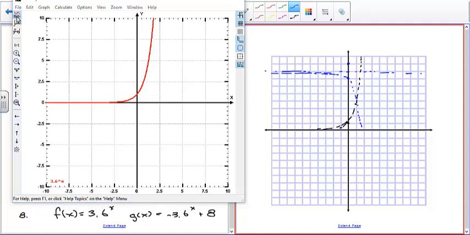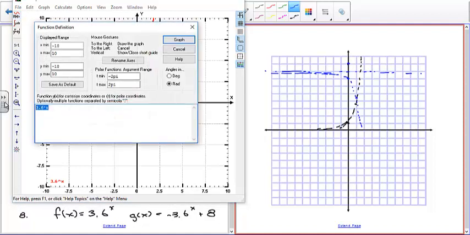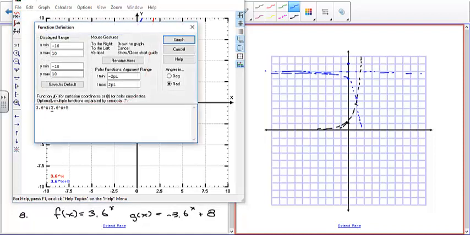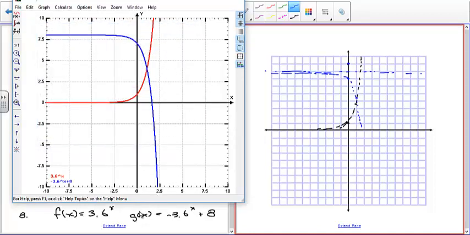Now, if I take that and add 8 to it, what you'll see is everything gets shifted up. So here you have the line y equals 8. Now, if we put a negative sign in front of the 3.6, we'll have that happen.